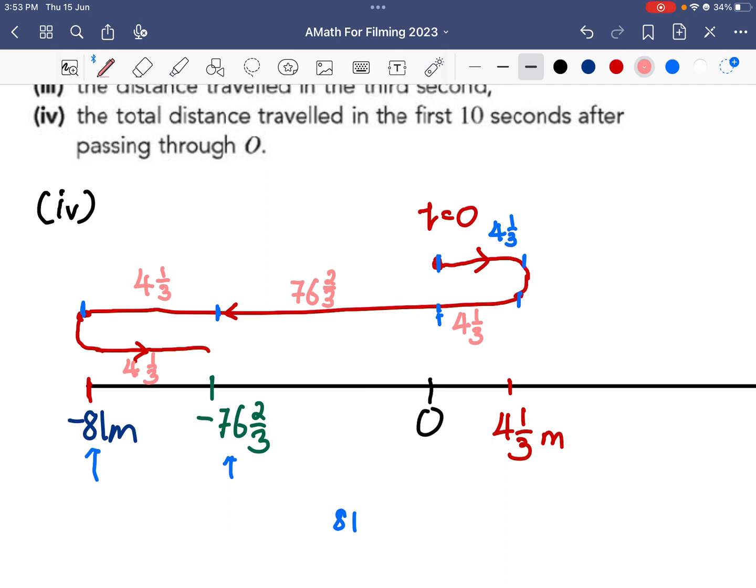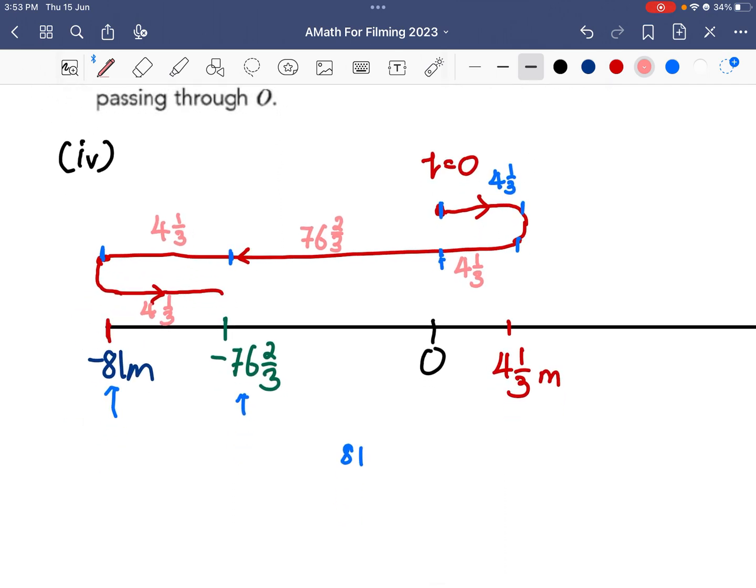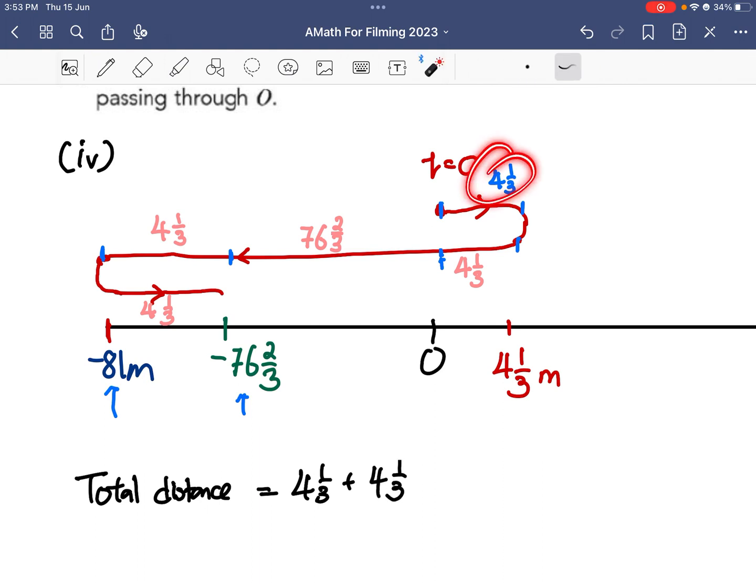So what we have here is, I've already recorded down all the different portions. So what I can have is the total distance traveled is equals to, first, we will begin with the 4 and 1/3 plus the next 4 and 1/3.